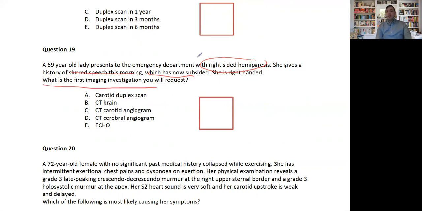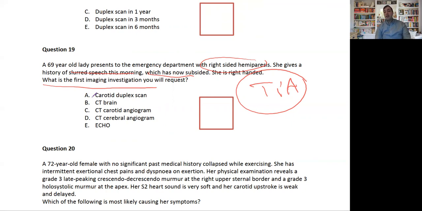Most likely we have a TIA, a transient ischemic attack. The most common cause of TIA is carotid stenosis. So the most appropriate first imaging investigation you will request, here we have the options: carotid duplex scan, which is carotid ultrasound, or CT brain, or CT carotid angiogram, or CT cerebral angiogram, or echo.